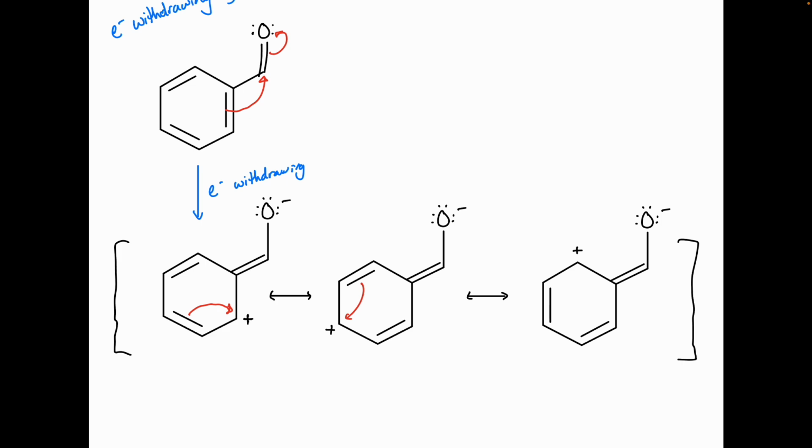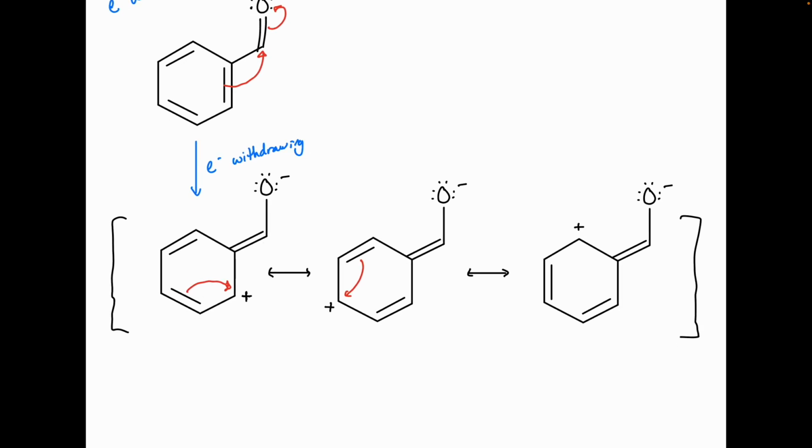They show the movement of electrons. You can kind of imagine that I'm grabbing a pair of electrons and dragging it over to this new atom. We don't learn how to draw them in this course. Again, you're just going to trust me that these are the resonance structures that these electron withdrawing groups have.